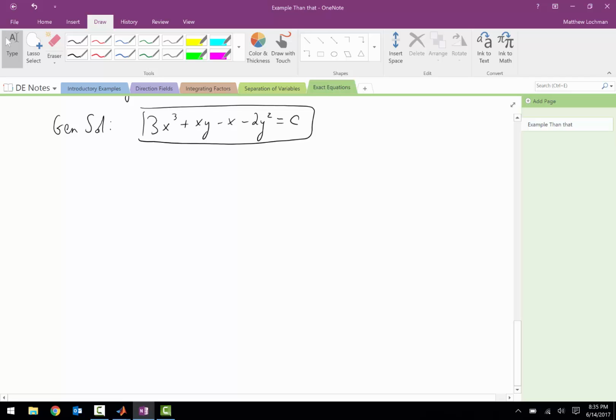And now I have that initial condition. So let's recall what that was. It was y of 1 equals 0. Okay, so we're going to apply that now. So we have x is 1, y was 0.